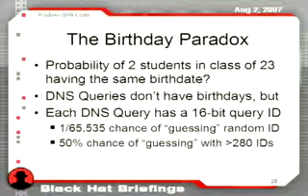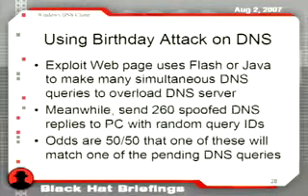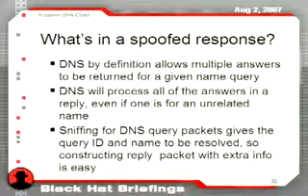So using the same formula, if I'm trying to guess a number, I have a 50% chance that by randomly picking 260 numbers, one of those numbers will match the ID of something that goes out. So this is how a lot of times they attack the problem of guessing the ID for the transaction. Now if you're actually sniffing the network, you don't have to go through that, but this is one of the attacks that if you can't do that, you can still get there.